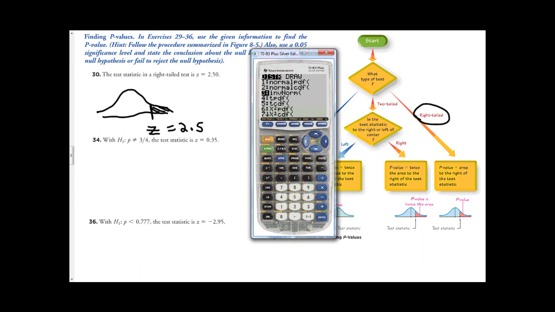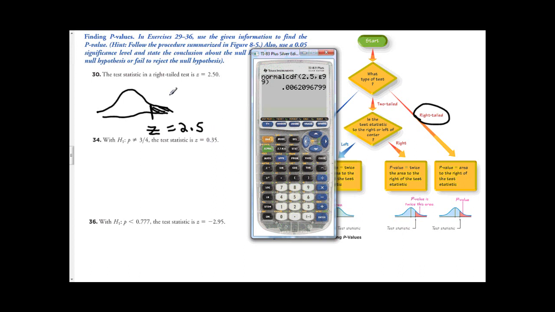So we're going to go to normal CDF, and we're going to put the left z, which in this case is going to be 2.5. We're going to put the right z, which in this case is going to be E99, infinity, and we close our parenthesis, and we get that this is equal to 0.006.